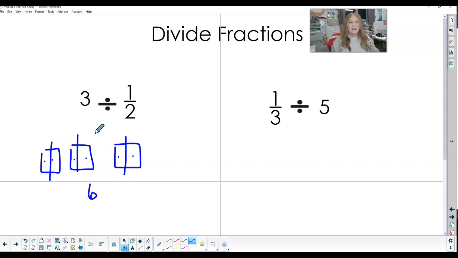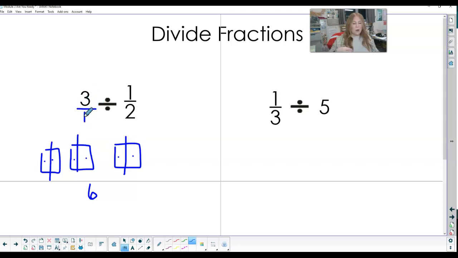If we do that mathematically, the opposite of divide is multiplication. So multiplication and division are related to each other. They're kind of like twins, maybe not identical twins, but they are twins. So instead of dividing, I can do 3 divided by 1.